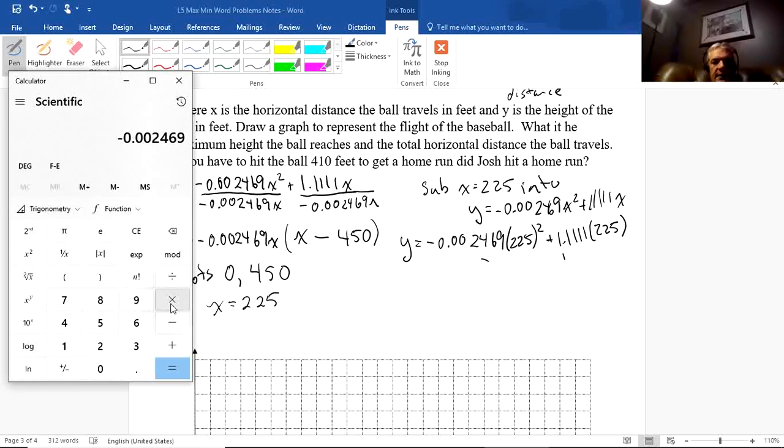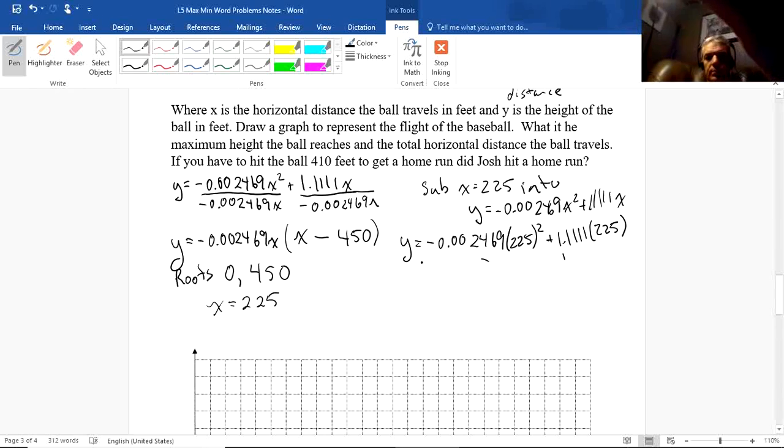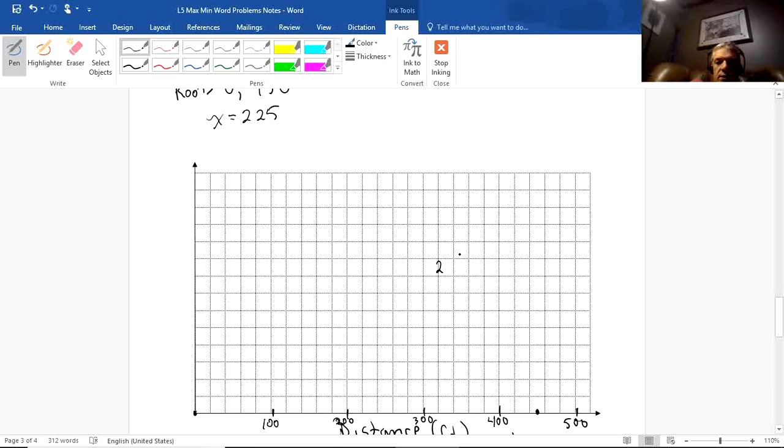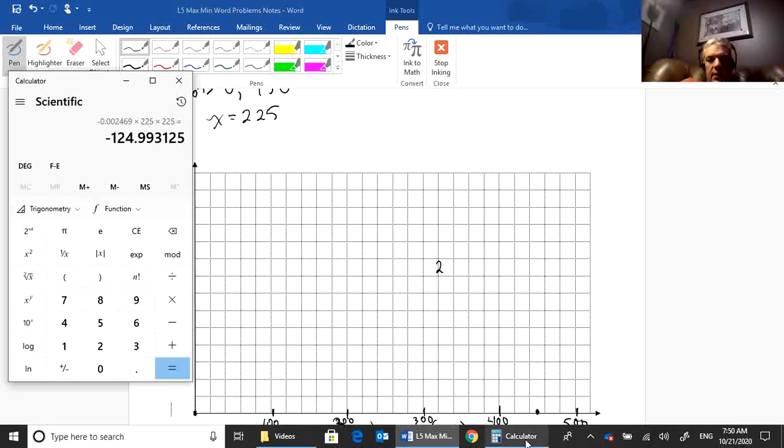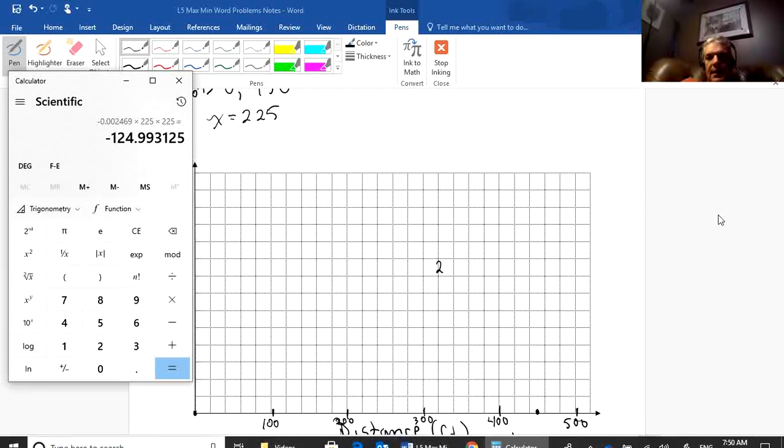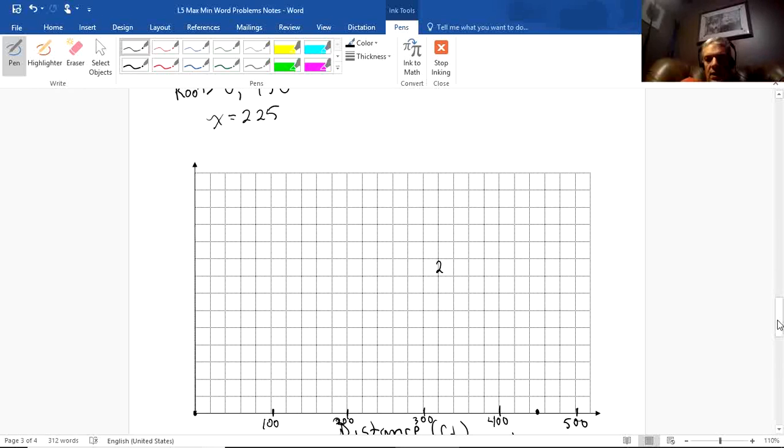I'm going to say that's times 225 times 225. What does that equal? Well, that equals minus 125, I believe that was. I lost my calculator, but I'll double check. I'm going to call that minus 125. We're going to round off to the nearest foot here because it's not going to be that big a deal.